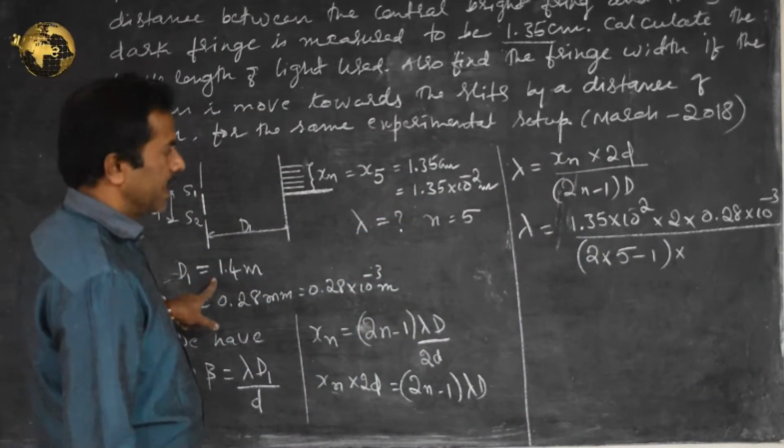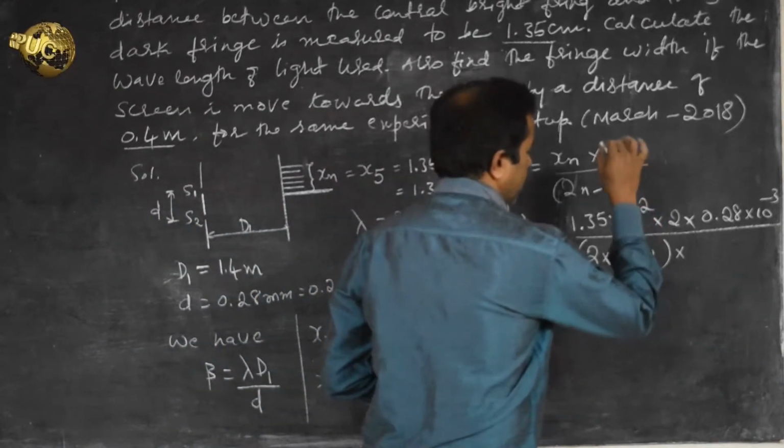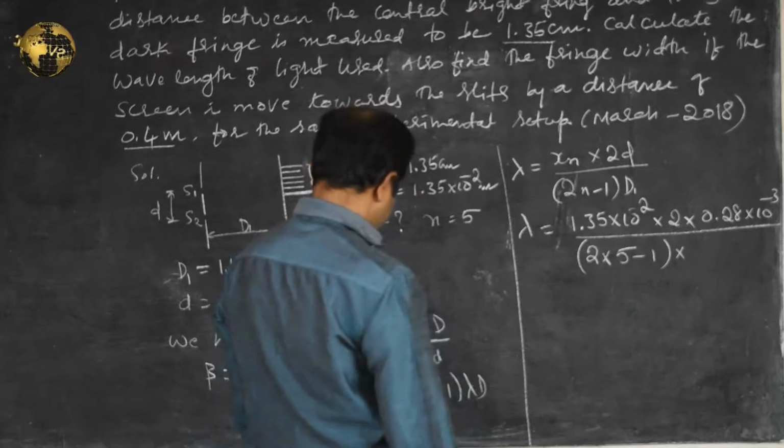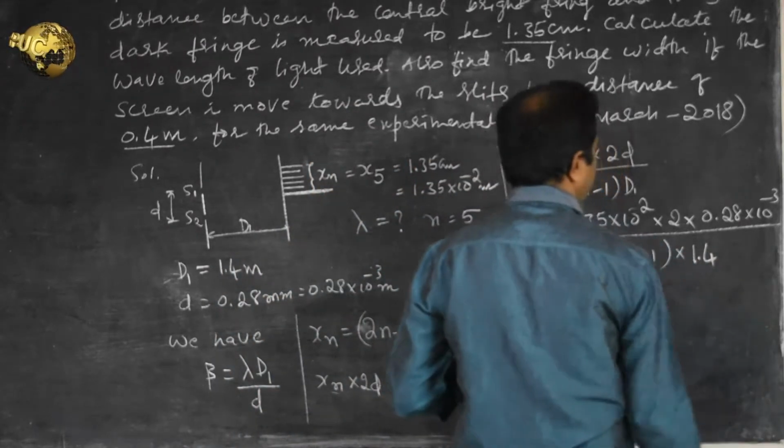In the first case, let us take this as given: D1 is equal to 1.4 meter.